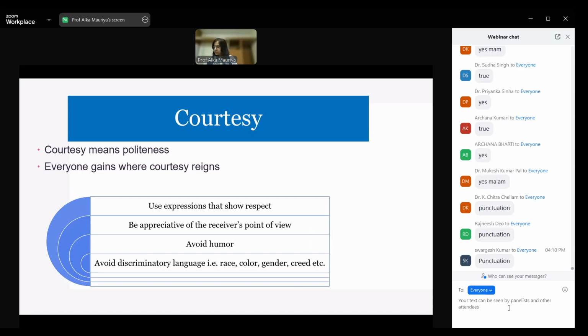Those are the small things we are talking about: we should encourage our students to interact more in the class, and it will happen only when they feel comfortable that they can ask questions to the teacher.